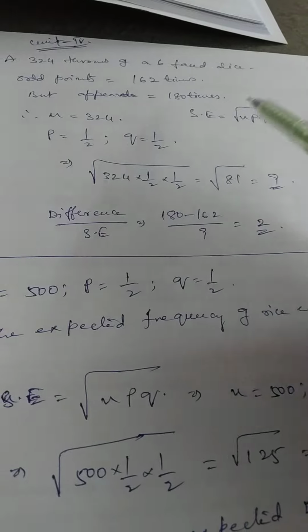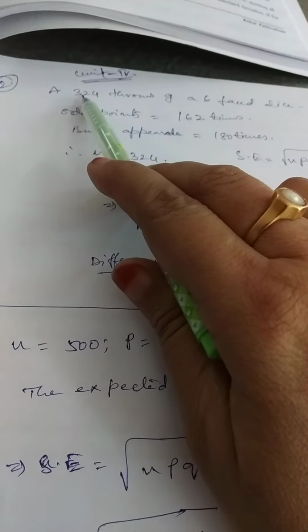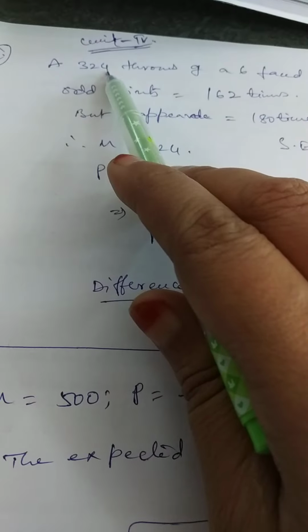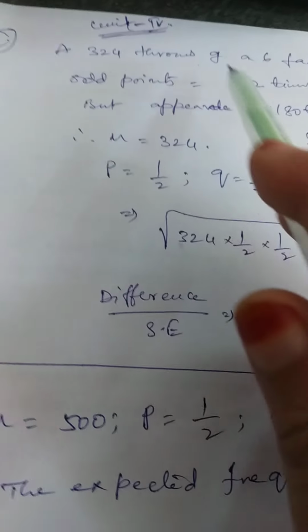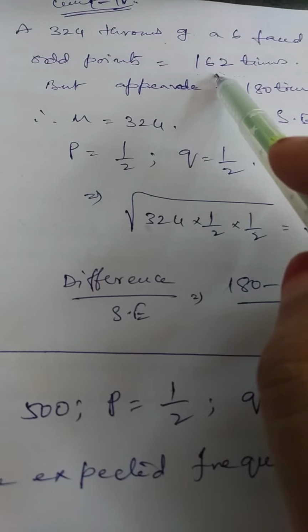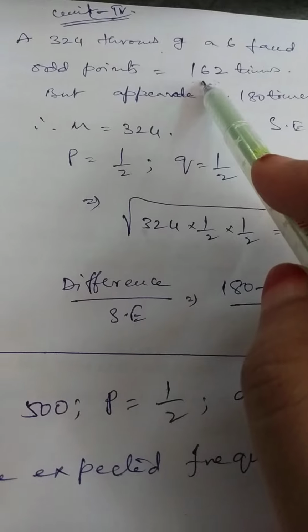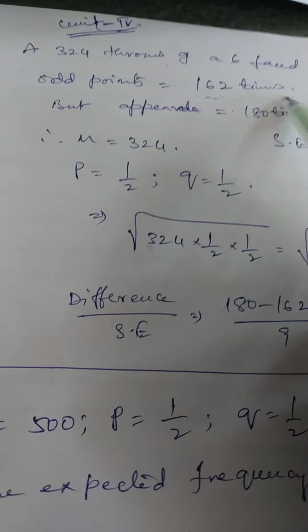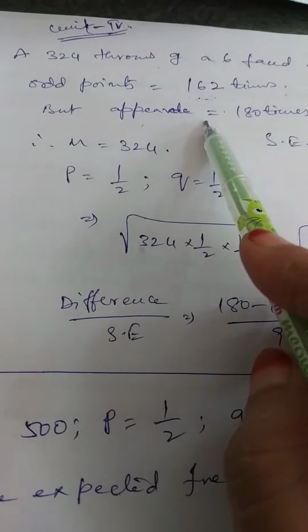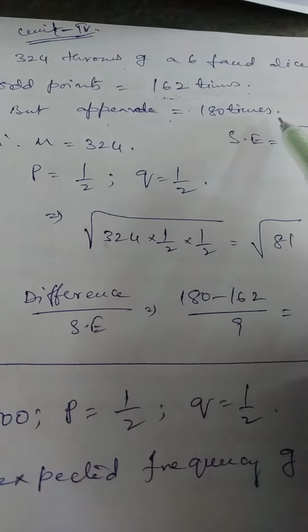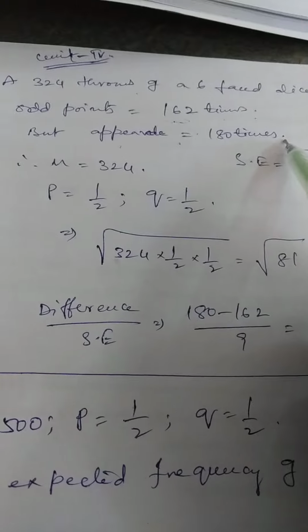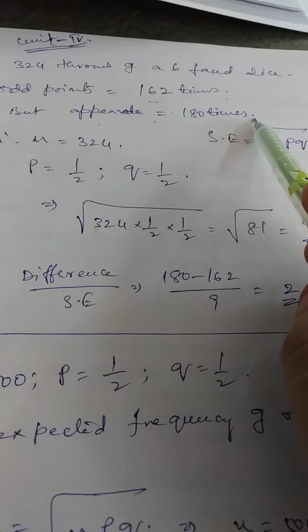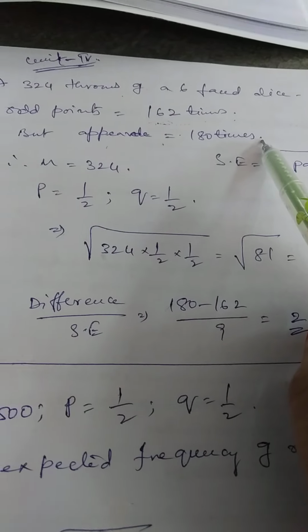So when you throw a 6-faced dice for 324 times, the chances are equal for odd faces or even faces. Here he has asked for odd faces, it is 162 times. But here he has got odd points 180 times. That's the reason he is asking whether this hypothesis is correct or not.